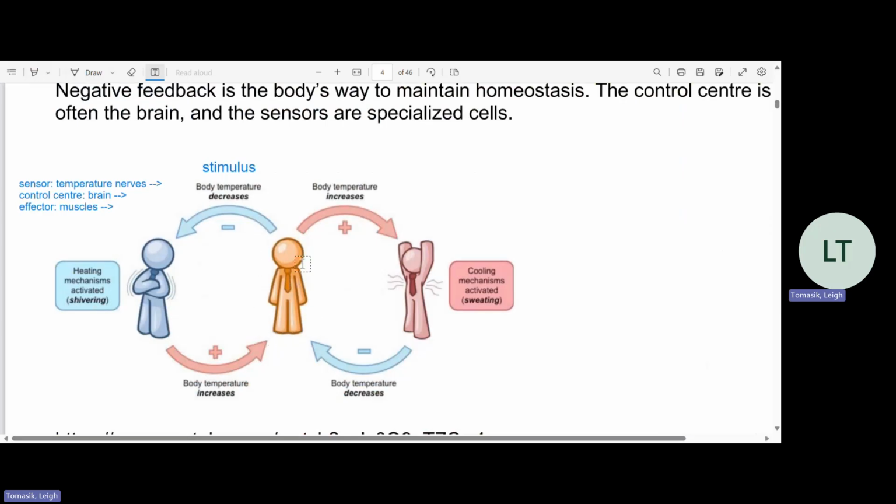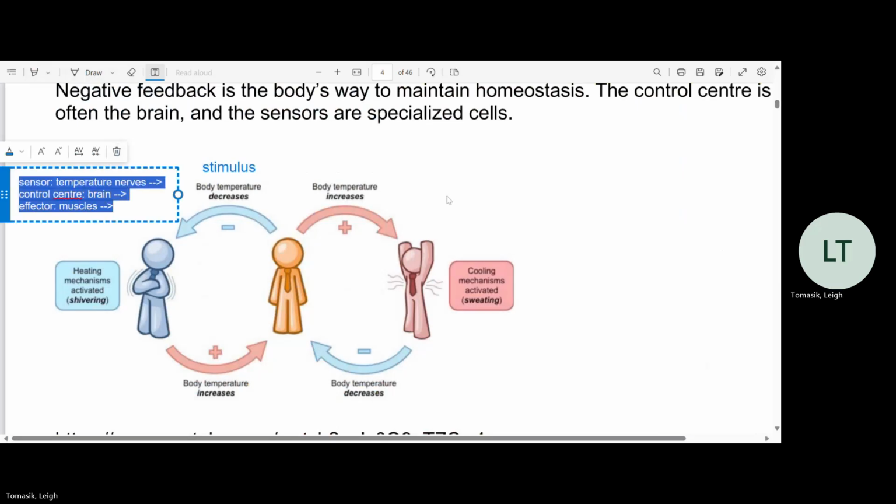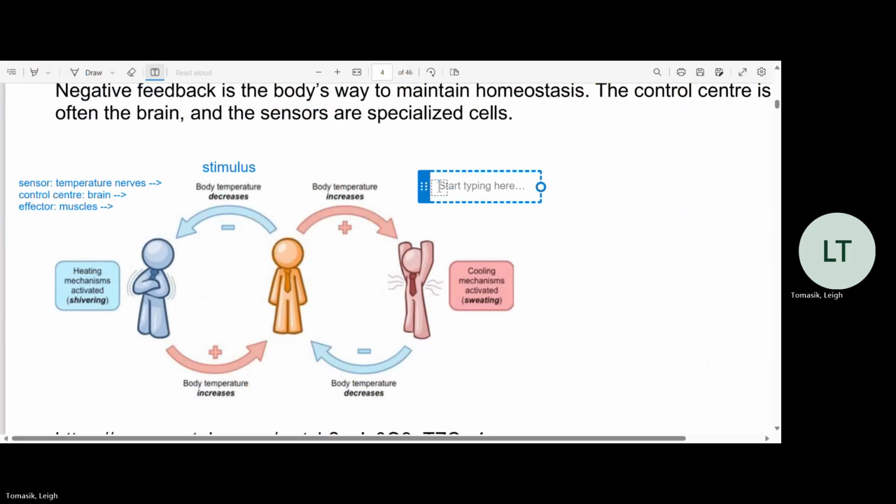But say now you've been shivering for too long and the temperature is no longer cold and your body gets hot. Well, then your temperature sensing nerves will sense that you're too hot. It will send a message to the control center, which is your brain, and it is going to now send a message not to your muscles.